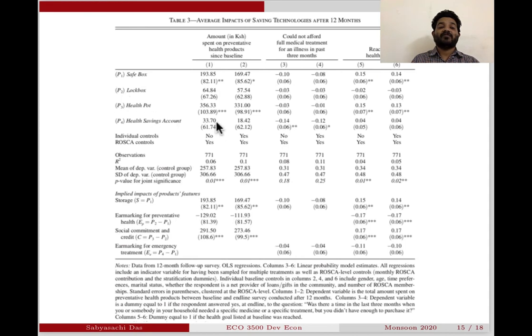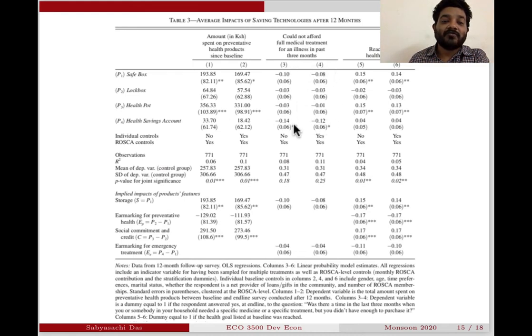It helps you actually invest money in it because other people are doing it and you are required to do it. So social pressure can get over the fear of the liquidity constraint to put money in. But if you use the health savings account individually, where there is no social pressure, you don't end up buying these health products. This is probably because you primarily use it to meet health emergencies, which will show up in the next regression.